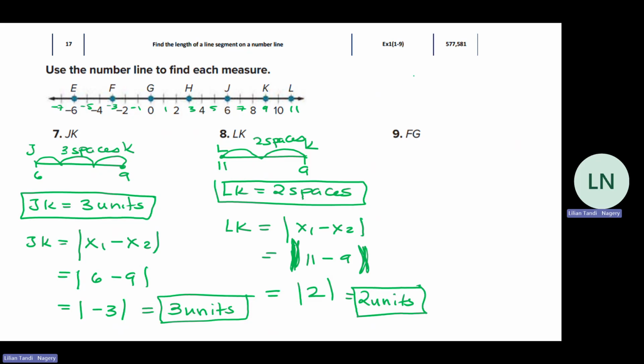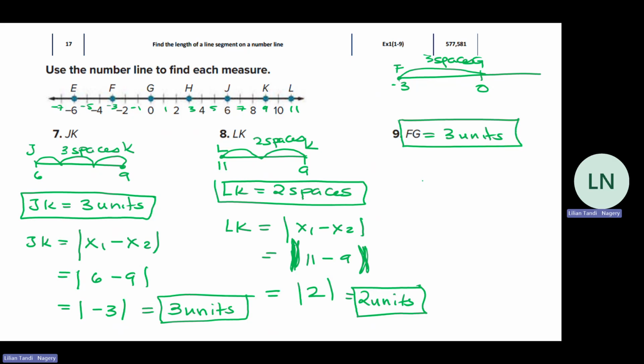F to G. F is -3, and G is 0. So those are 3 spaces. From -3 to 0, those are 3 spaces. So this F to G is 3 units.